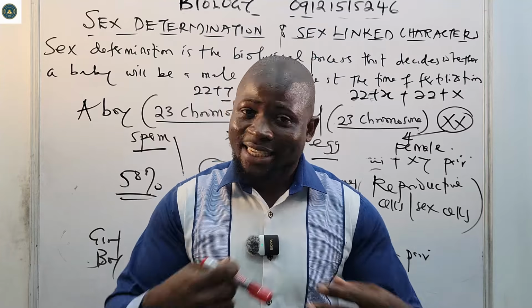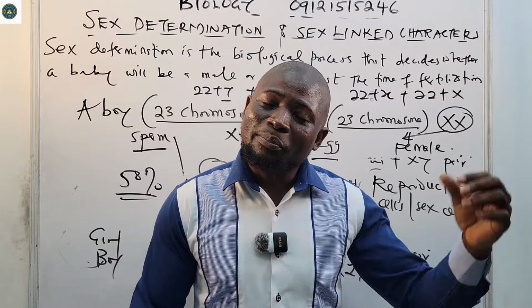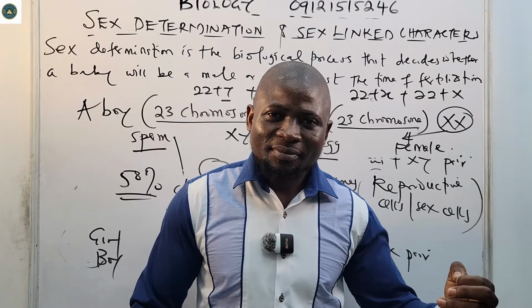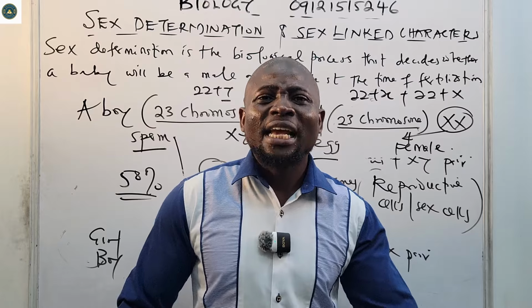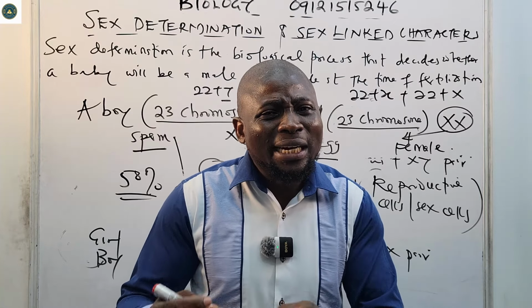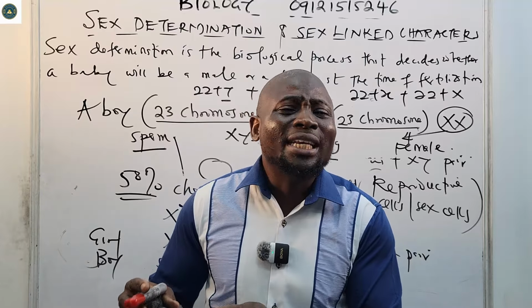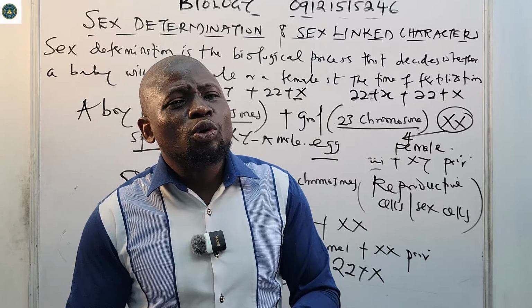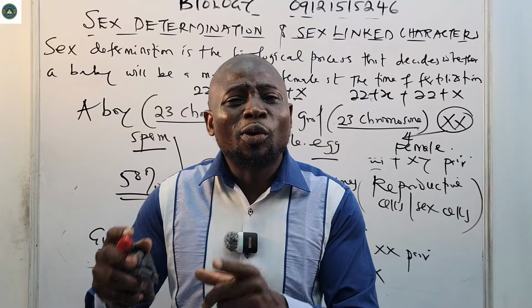The woman only has X. So only X can the woman bring to the table. Now you, the man, are the one that can bring the Y that will merge with the X to give you the boy that you are looking for. So stop blaming the woman as the reason why you don't have a male child.